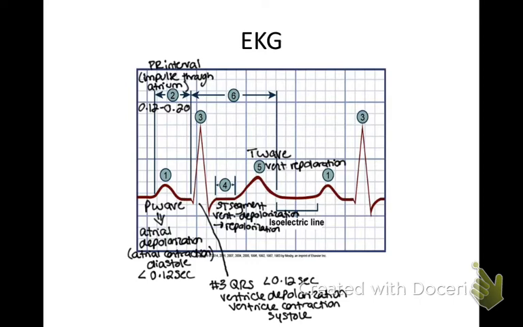Because the atrium is kind of teeny and your ventricle's huge, that's why your PR interval is so kind of tiny. And then 6 is your whole QT interval. And that is the entire electrical impulse that's happening throughout the entire ventricle. So it's just longer.